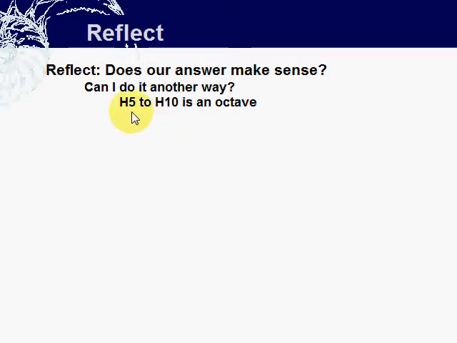Instead of going H5 to H15 in one swoop and getting that 3 to 1, I'm going to go from H5 to H10, double first, and that's an octave, and then H10 to H15, that's a 15 to 10 ratio. Always put your final destination first, 15, and the initial one second.